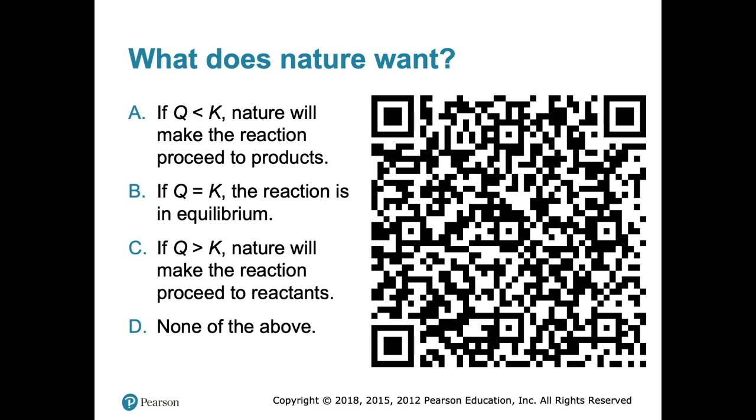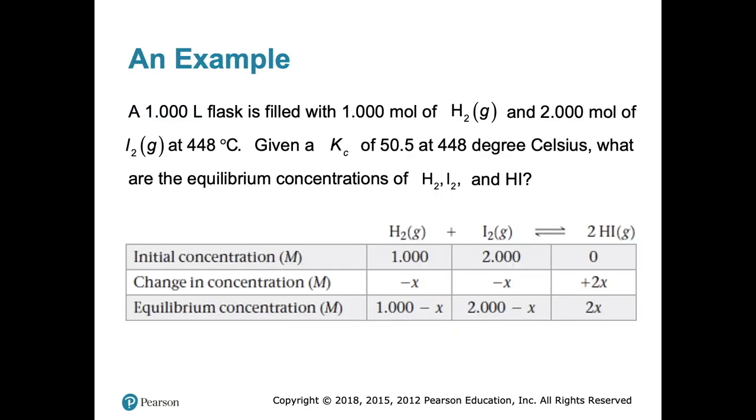Okay, so here's our example. And again, I don't know if you remember Miss Dickens telling you this before, but it's a good time to brush up on your algebra because we'll be using it a lot for the rest of the semester. Buckle up, because it's going to be crazy. We have a 1 liter flask filled with one mole of hydrogen gas and 2 moles of iodine gas, just like we did before.